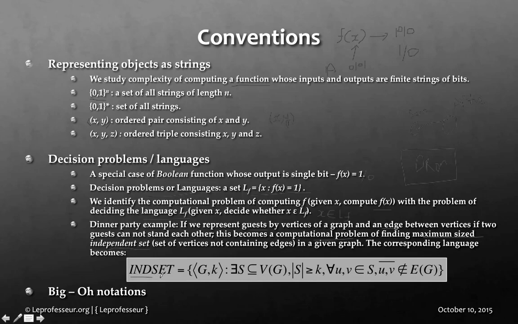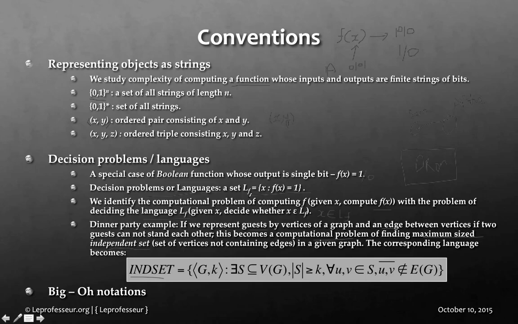The independent set will be the set from the ordered pair G, E, such that a subset S of vertices belongs to vertices of this graph G, and for all the edges E, for all u and v, that is the pair of vertices belonging to S, this set will not contain any edge.